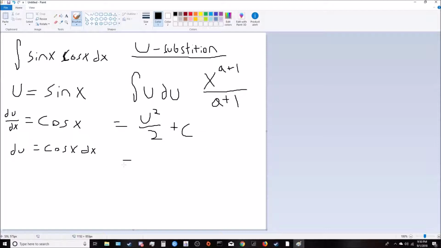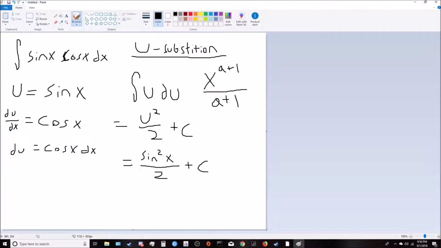And now our final step is to plug these back into the equation to get it back in terms of x. So u squared, where u is equal to sine of x, becomes sine squared of x. And divided by 2, we just leave that alone, plus c.